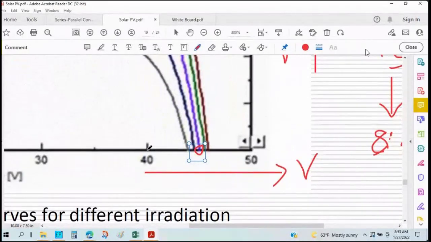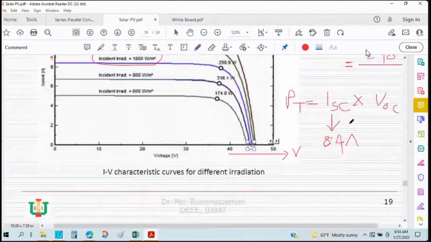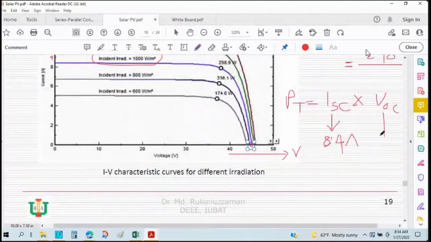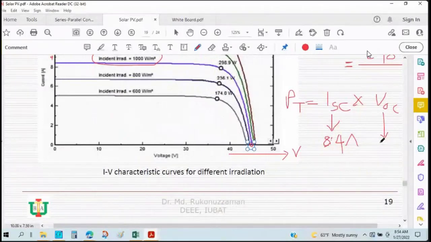Actually, it's in between 40 and 50, so approximately we can consider that it's 45. It might vary for different students. You can think that it's very close to 44.5 or 44. Okay, let's think that the value is 45.